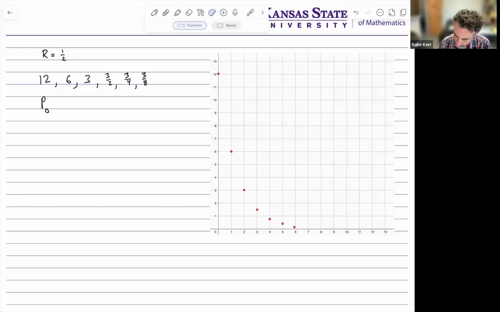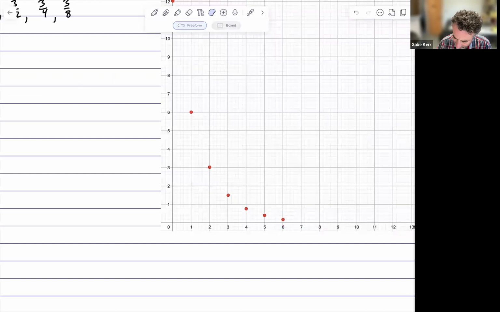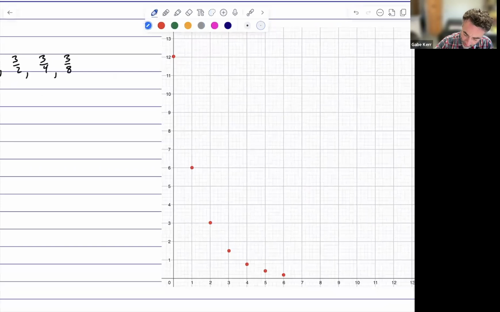Notability won't let me do it exactly at the half, but right around there. But you can see when you connect these up, it's rapidly approaching 0. You're getting very close to 0 very quickly.